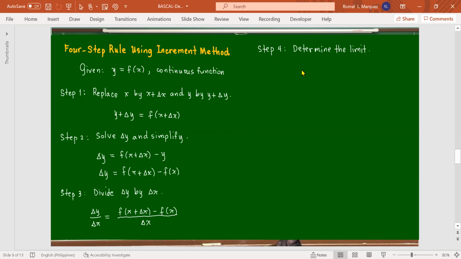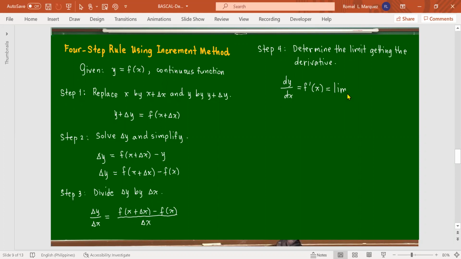Okay? So we have getting the derivative. The derivative now of y with respect to x, or that is f prime of x, is equal to the limit.